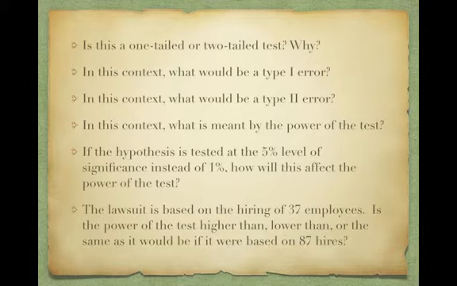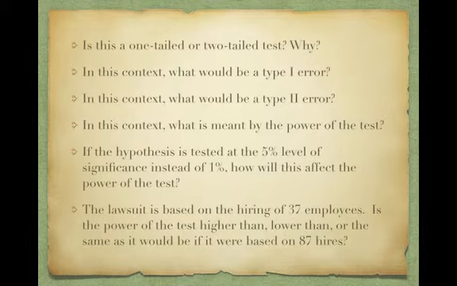Now, the fourth part, in this context, what is meant by the power of the test? Okay, power is the probability of detecting a false null, associated with our type 2 error.